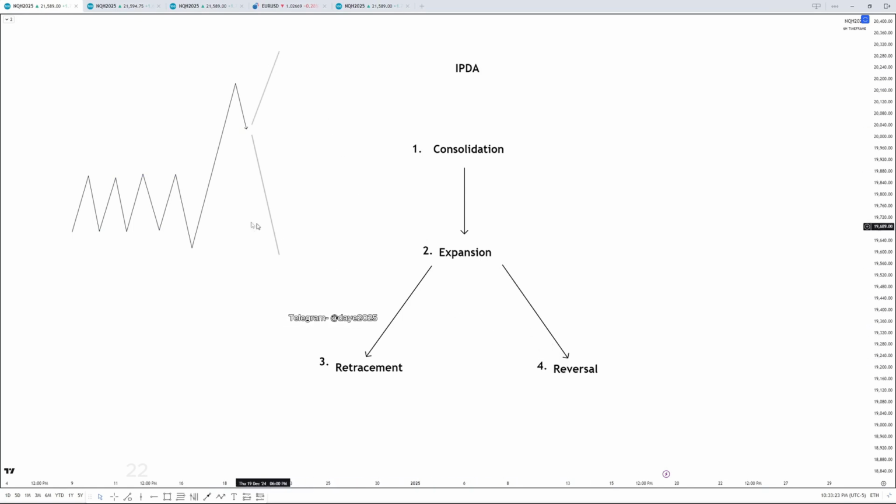A reversal would be price expanding and then reversing. So everything begins with the consolidation. So if you have a consolidation established, next you are looking for an expansion, and then after that expansion has taken place, you're looking for either a retracement to continue the expansion, or you're looking for a reversal to continue the expansion.